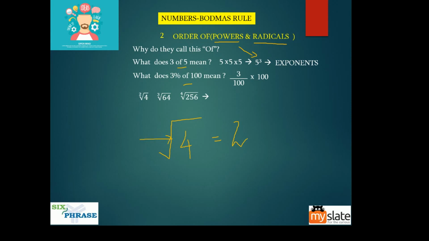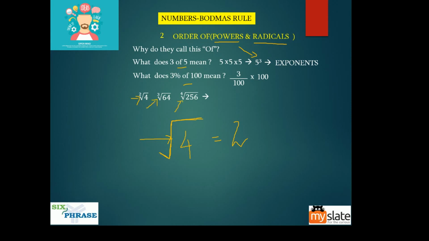Can you tell me? Most of them will say it is the square root symbol. That is the biggest mistake you can make. It is not the square root symbol. See, this is the square root symbol, this is the cube root symbol, this is the fourth root symbol.